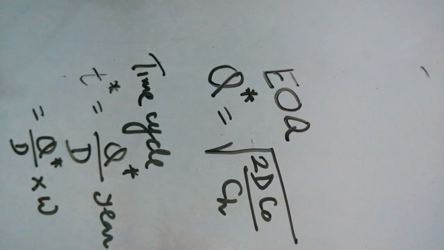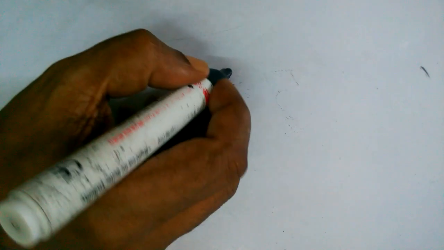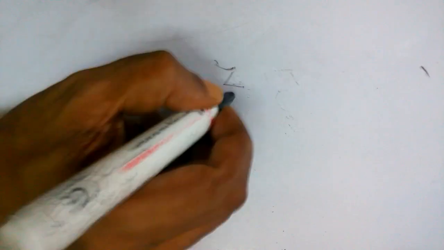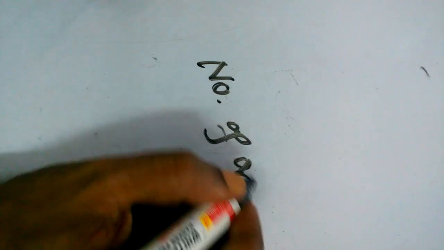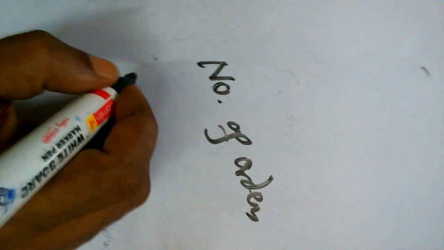Now if I ask you how many orders, that is the frequency of order, number of orders placed per year, how many orders to be placed per year, that is N star.